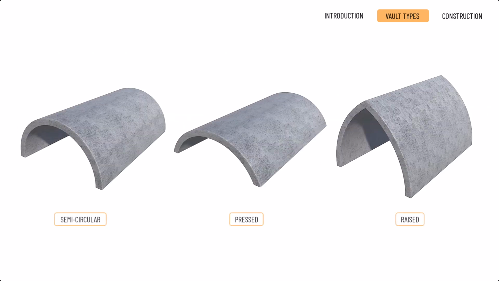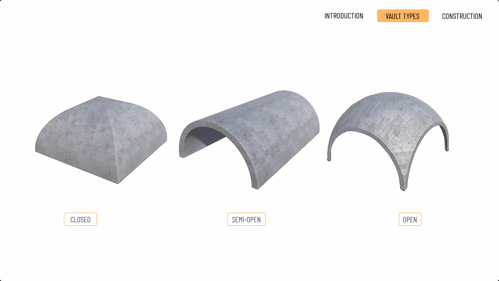Depending on their shape, vaults can be semicircular and pressed or raised. Depending also on the type and position of the support, they may be closed, semi-open, or open.